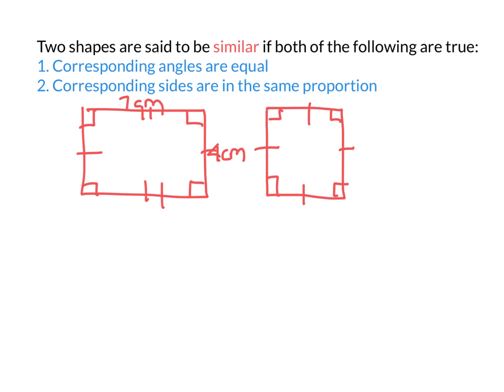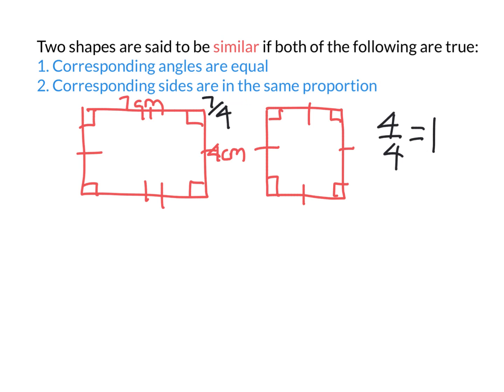When we say same proportion, we're talking about a consistent scale factor. If we look at these two pairs of sides, the scale factor is 4/4, which is 1. I times this side length by 1 to get this side length. But the scale factor for these two sides is 7/4. I need to times this by 7/4 to get this side length.